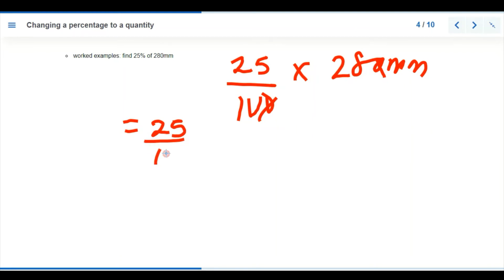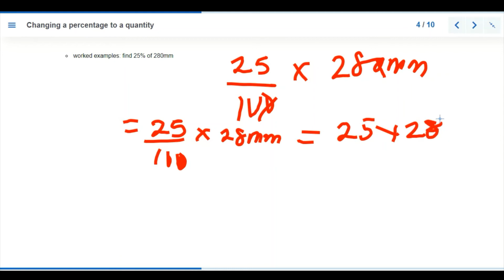So what we have next is 25 over 10, because one of the zeros is gone, multiplied by 28 millimeters. So we have 25 multiplied by 28, then everything divided by 10.